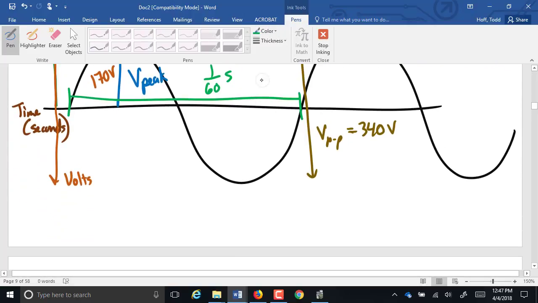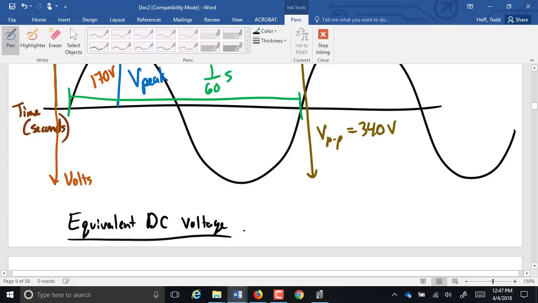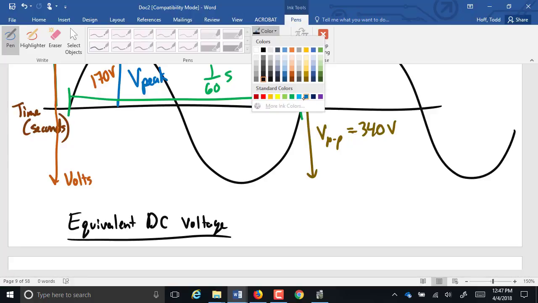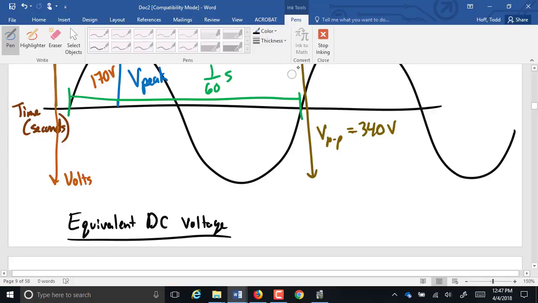We often talk about equivalent DC voltage. Most of Ohm's laws originated on calculations from DC circuits. You know, the whole voltage equals current times resistance, V equals IR, is a DC voltage.